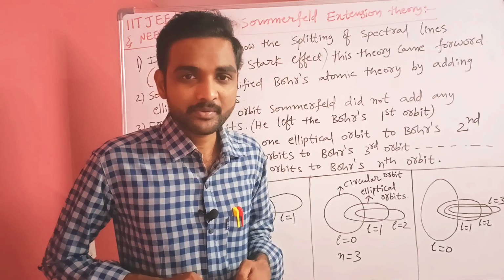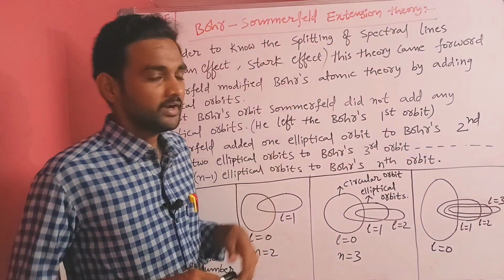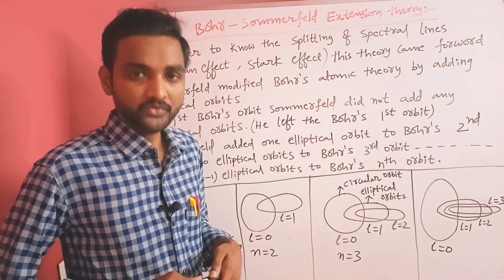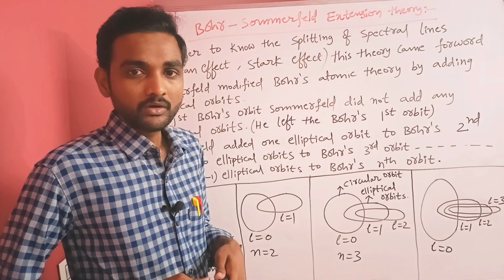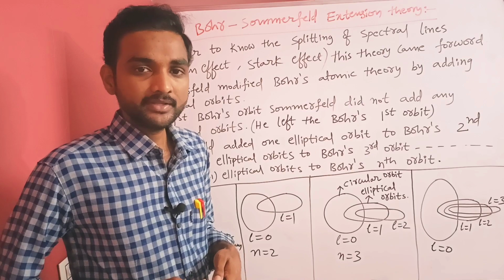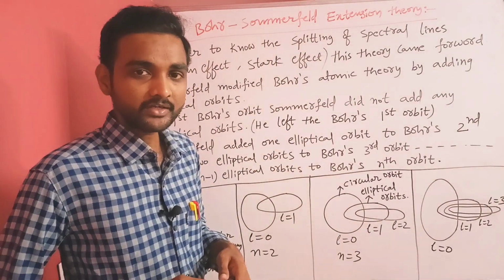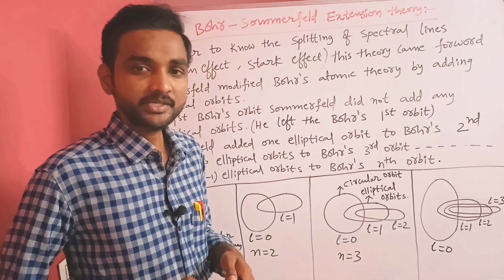Okay, today let me explain Bohr-Sommerfeld extension theory. See, why did Niels Bohr's atomic theory fail? Mainly because it was unable to explain the splitting of spectral lines, I mean the Zeeman effect and Stark effect. What is the Zeeman effect?